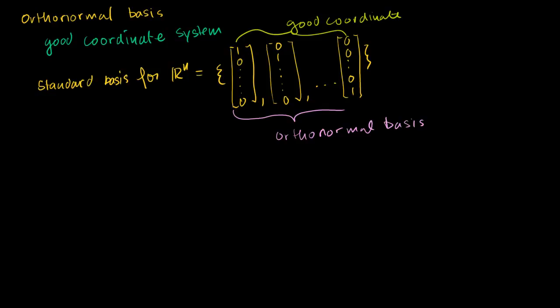So let's say I have some orthonormal set of vectors. So it's v1, v2, all the way to vk.